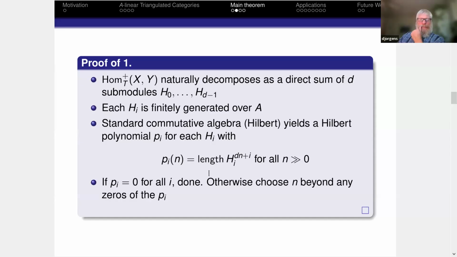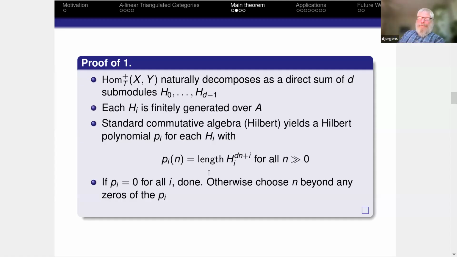But since we have d submodules, we're going to have d Hilbert polynomials. That's what I'm calling P_i. So for each i, P_i of n just tells me the length of the dn plus i Hom, and this is for all sufficiently large n. So now we have these Hilbert polynomials, and if they happen to all be the 0 polynomial, well, there's nothing to do, so we can go home.